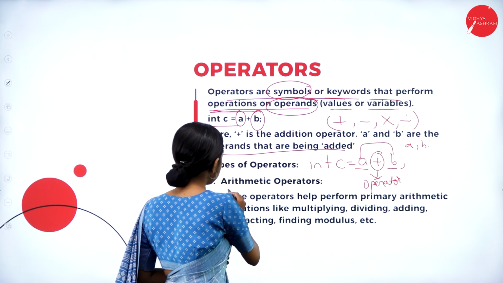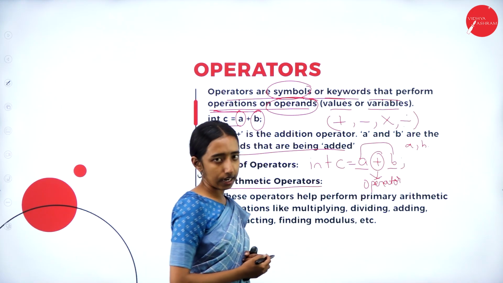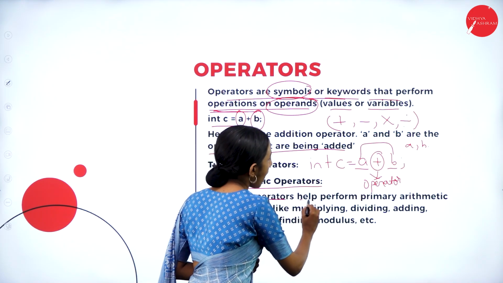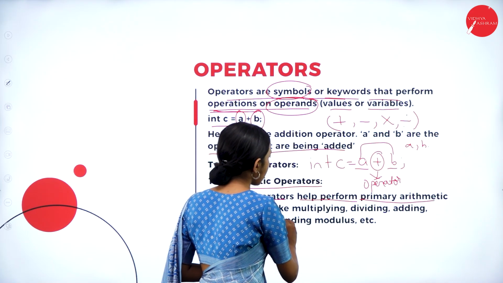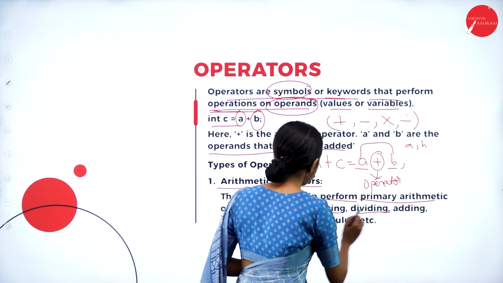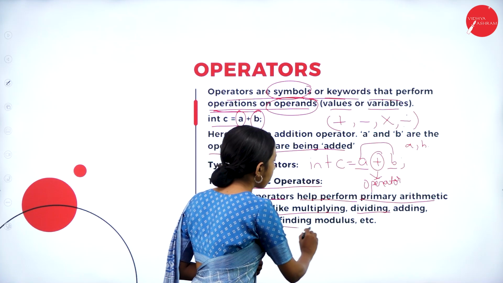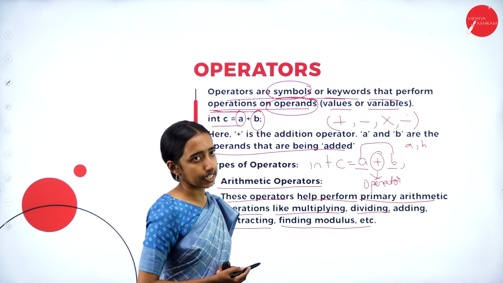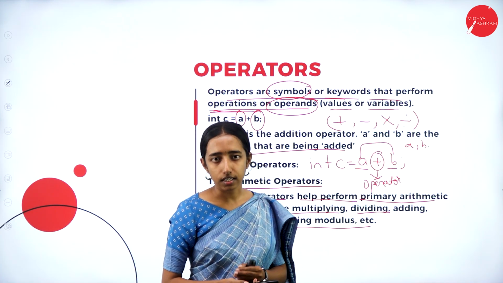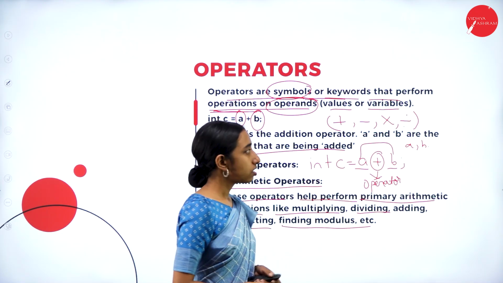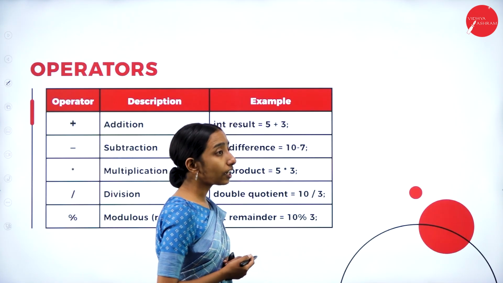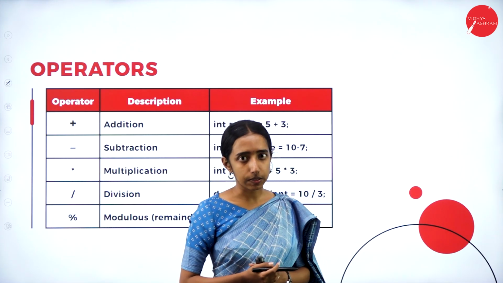The first one is the arithmetic operator. These operators help to perform primary arithmetic operations like multiplication, division, addition, subtraction and finding the modulus, etc. So what are the available arithmetic operators in C++?